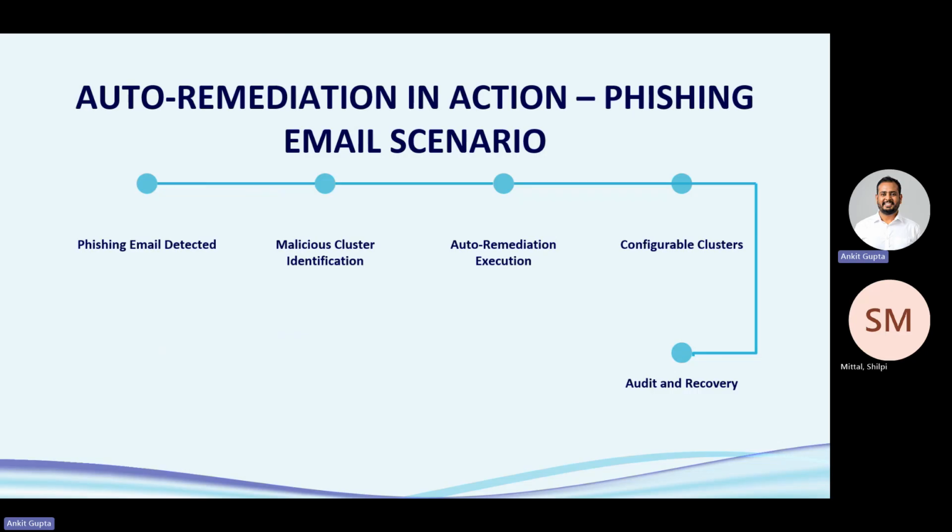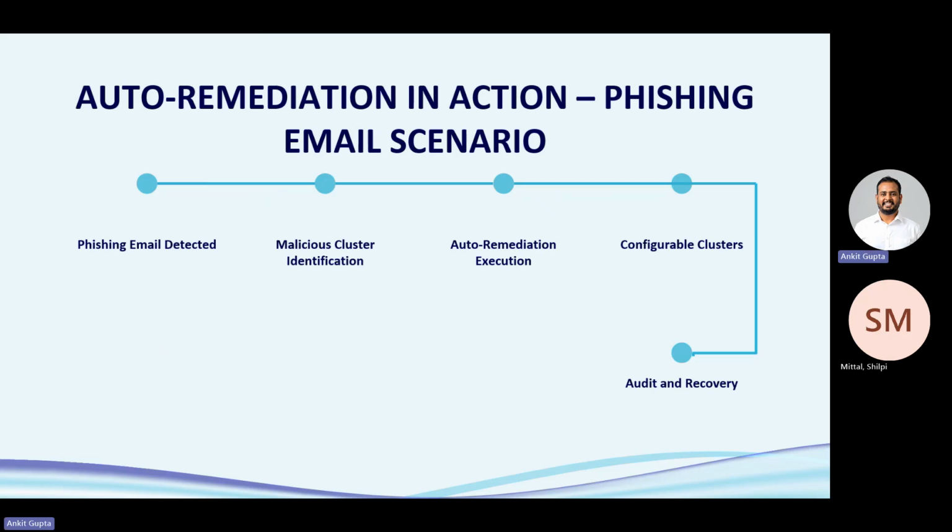Now comes the powerful part, auto-remediation. As of 2025, Microsoft announced GA, or full auto-remediation, for these malicious email clusters. If you have this enabled, the system will automatically execute the remediation, which for email is typically deleting the message from the users' inboxes, soft delete to their deleted items, or straight to quarantine.